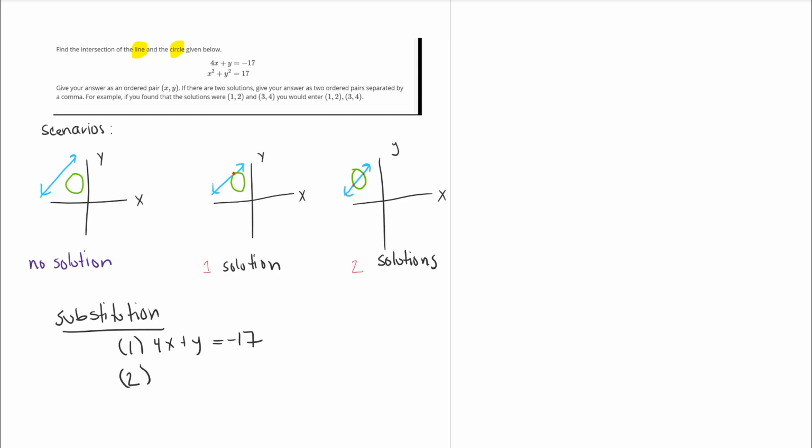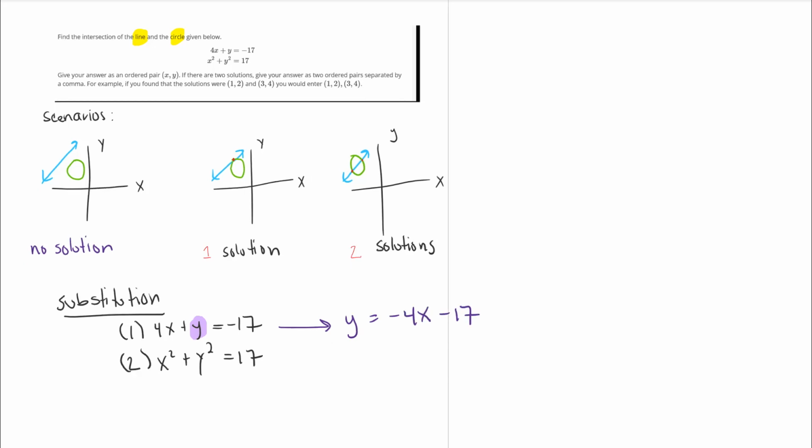For my second equation, I have x squared plus y squared is equal to 17. In order to get this y variable by itself, I can move that 4x to the opposite side by subtracting it. So I would get that y is equal to negative 4x minus 17.